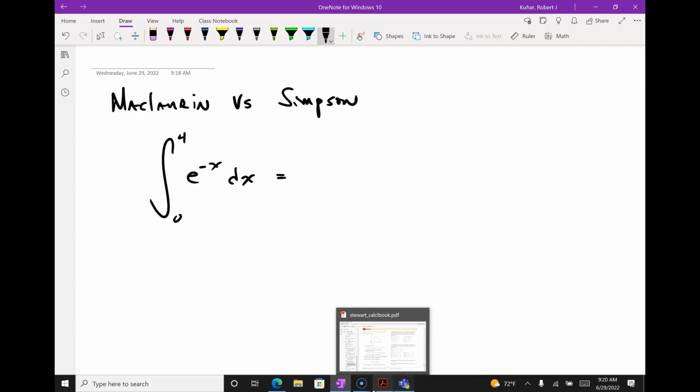What is this integral? Right, so when I put in the 0, I get 1, and when I put in the 4, I get 1 over e to the 4th, and that's enough.